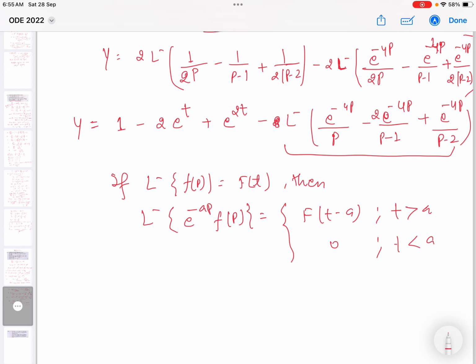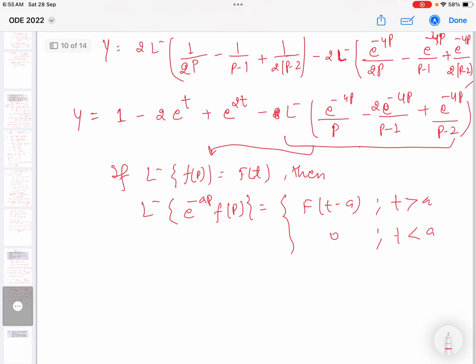If we compare this term with this, say t is less than 4, then the entire term will be 0.